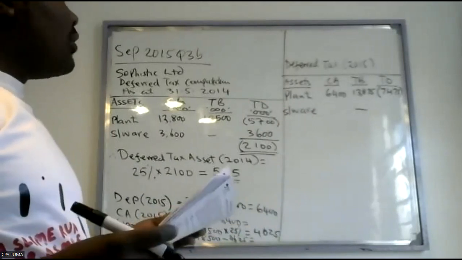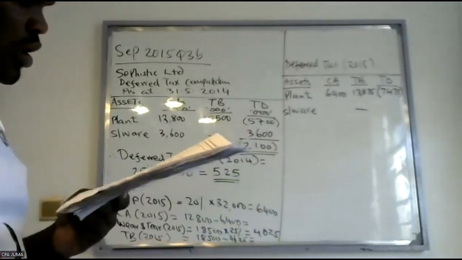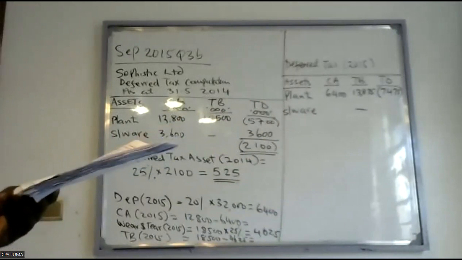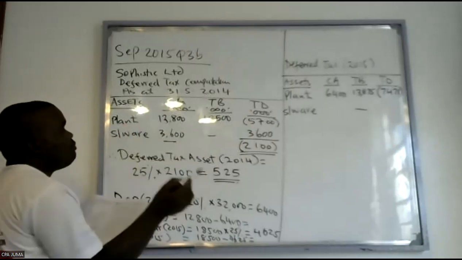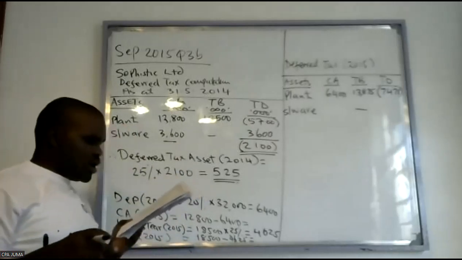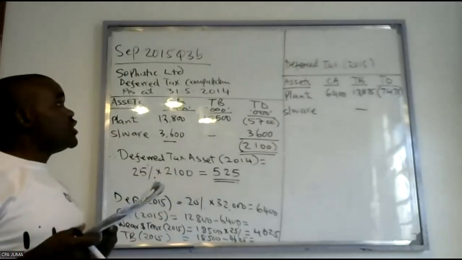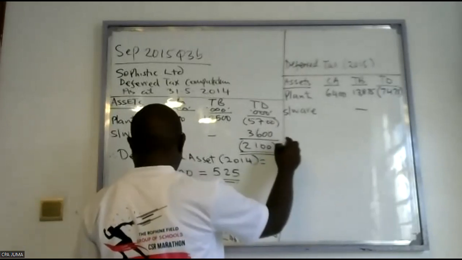But let's check the carrying amount of software. You will take 36 minus amortization for 2015.